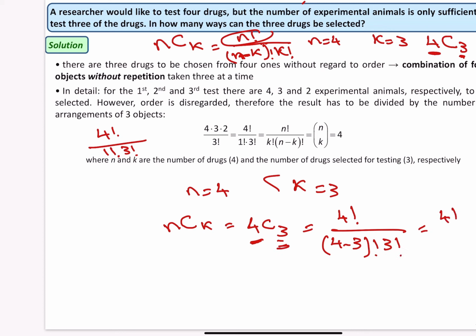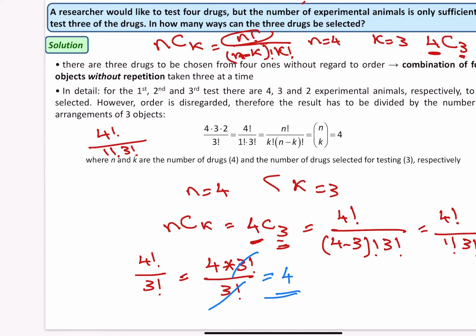So 1 factorial will be cancelled. So it is 4 factorial divided by 3 factorial. 4 factorial can be expanded as 4 times 3 times 2 times 1, divided by 3 factorial. So this one will be cancelled with this one, and we end up with 4. So the answer will be 4.